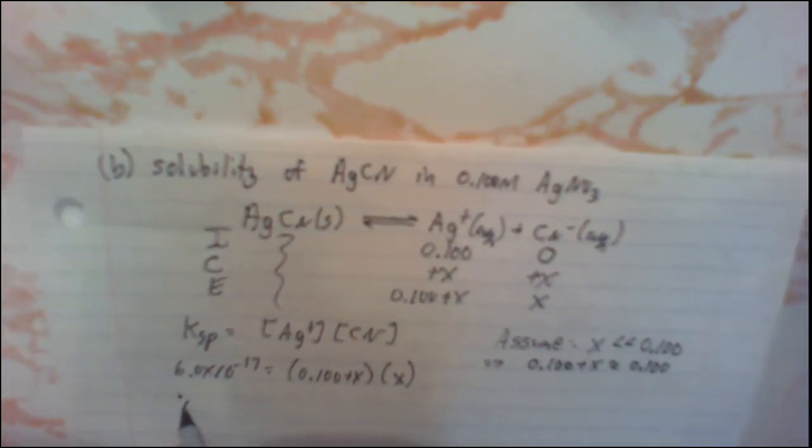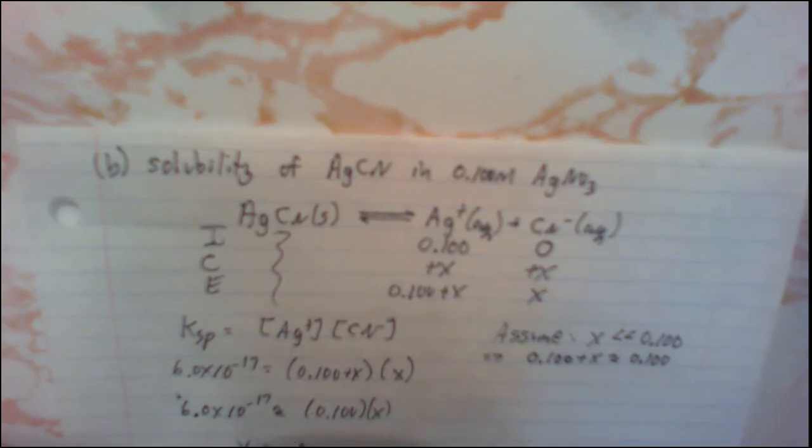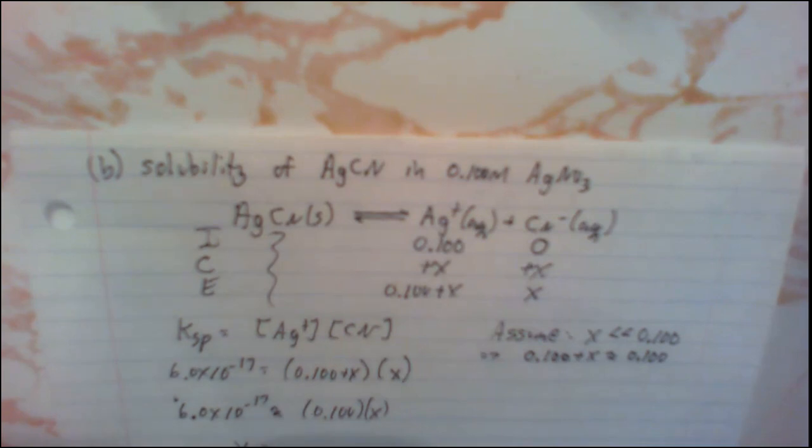So now the equation becomes 6.0 times 10 to the minus 17 is approximately equal to just 0.1 times the concentration of cyanide, which is X, or 0.1X. So then X is going to be equal to, divide both sides by 0.1, and so we get 6.0 times 10 to the minus 17 divided by 0.1 gives us 6 times 10 to the minus 16.